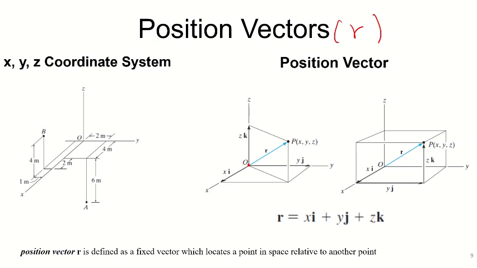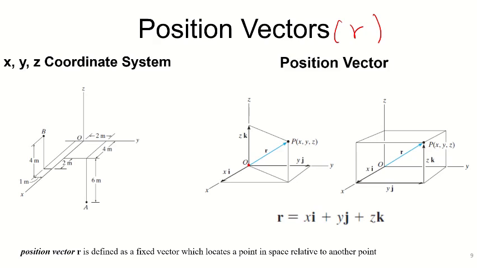As we mentioned, a position vector is a vector which locates a point relative to another point. Here the position vector r locates the point P relative to the origin O.